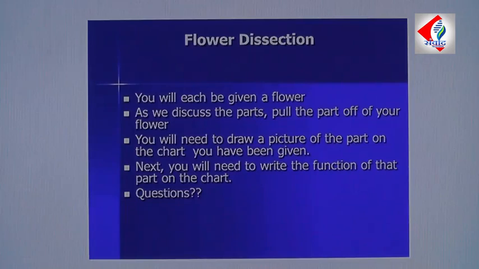So when we take out the parts of the flower, this is called dissection. So today, let us try and understand what a flower looks like inside.